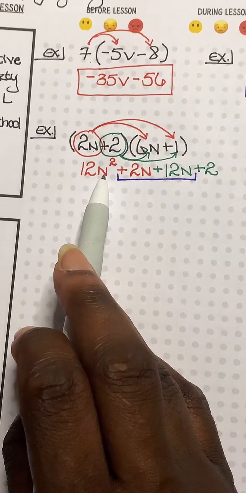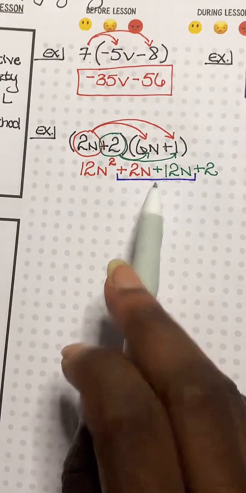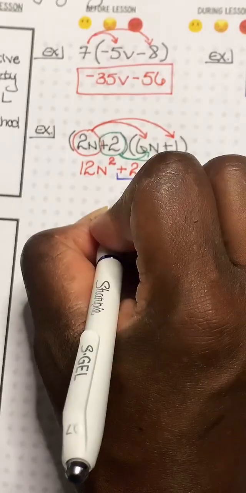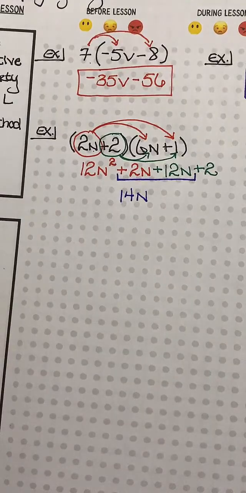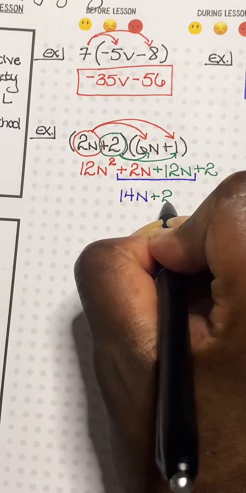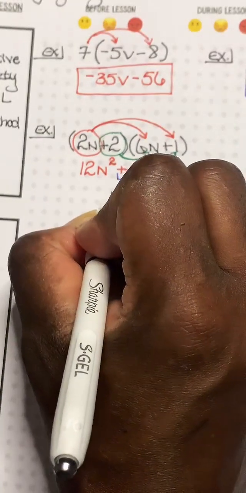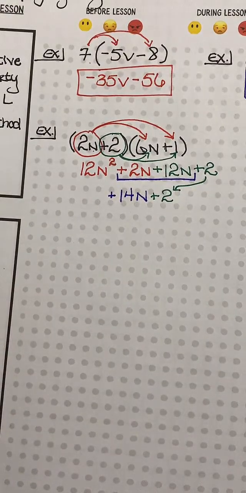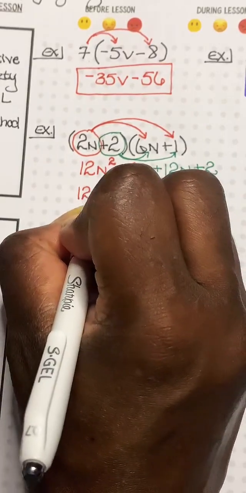Remember n times n? 2 n's is not the same as just having one n. So when we combine those two, we get our 14n. And this plus 2 comes on down. That's where this 2 came from. And since it's a positive 14, we're going to put a plus sign in front of the 14. And then we bring down our 12n squared. That's where that came from.